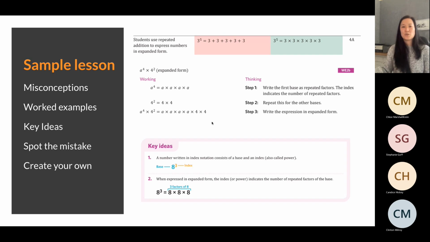If you start using those question prompts, even with your key ideas here, just talking about, okay, why is 8 the base? Why is the index 3? Oh, it's 8 repeated 3 times, or 3 factors of 8. Really using that to get the students talking about what the learning is will be really helpful.